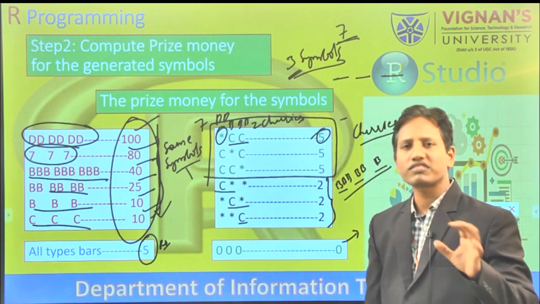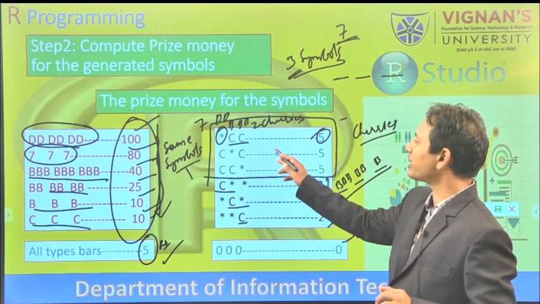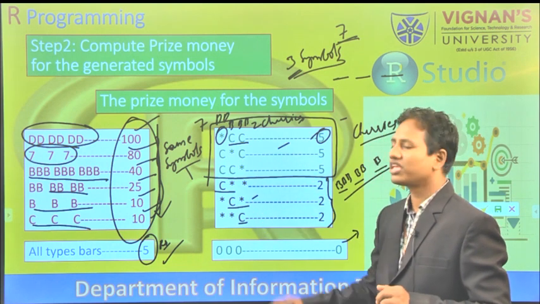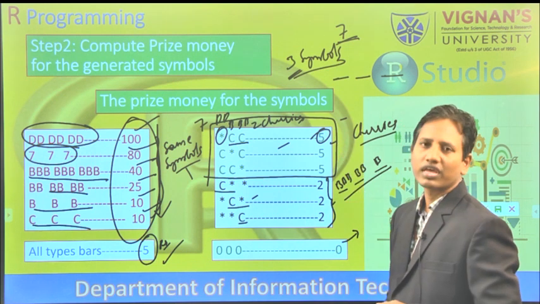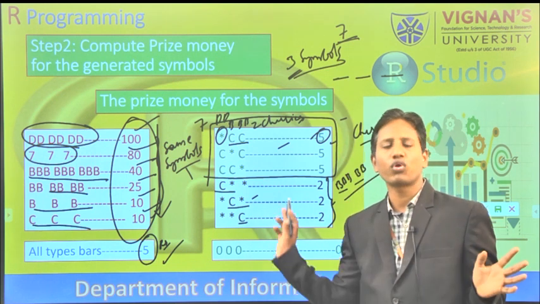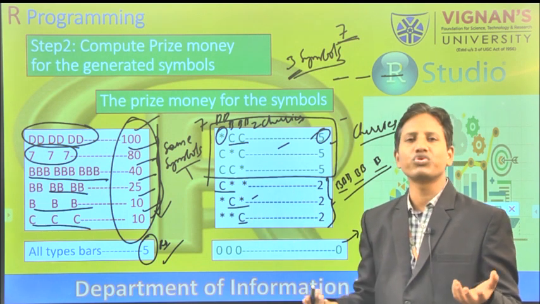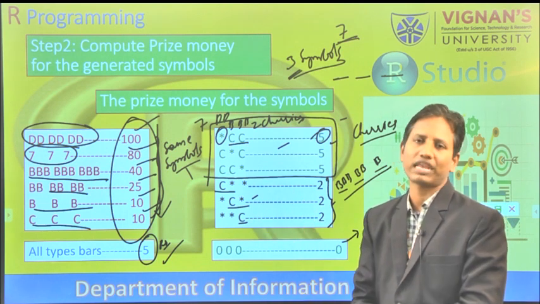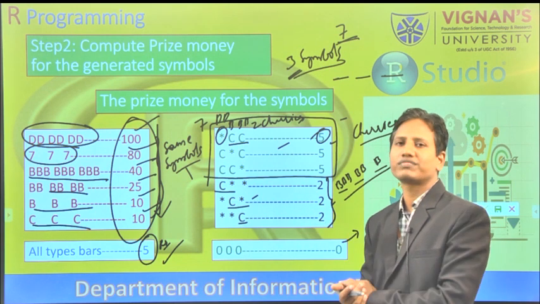If all bars come, then this is the prize money we have to give. And if we find 2 cherries or 1 cherry, these are the points we have to give. If no combination is followed, then that combination is given 0 value. So these are the conditions we have.